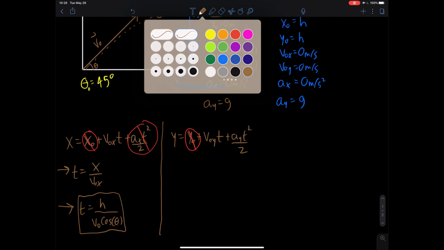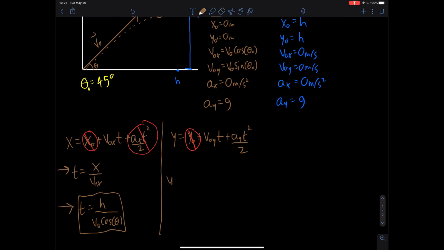And so now let's substitute in our t value. So at this particular time, our position in the vertical is y equals, now the initial velocity in the y direction was just the magnitude of the entire initial velocity times sine of our launch angle theta. And then t, we're going to plug in this t, was h in the numerator divided by v naught cosine of our launch angle in the denominator.